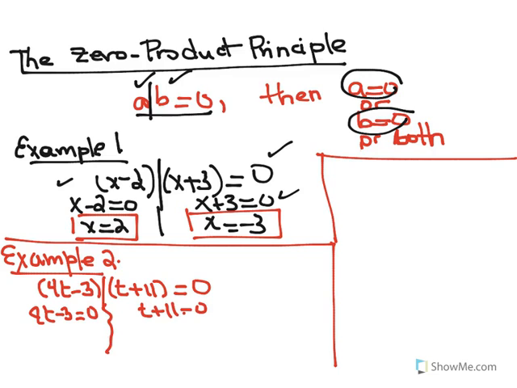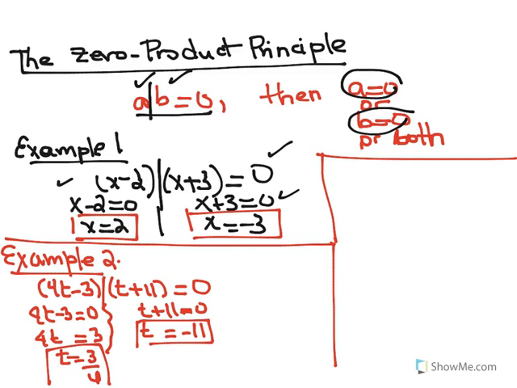Let's make a line here so you can see. If 4t minus 3 equals 0, I add 3 on both sides and then divide by 4. So I have one solution. And here I subtract 11, and I get my solution.